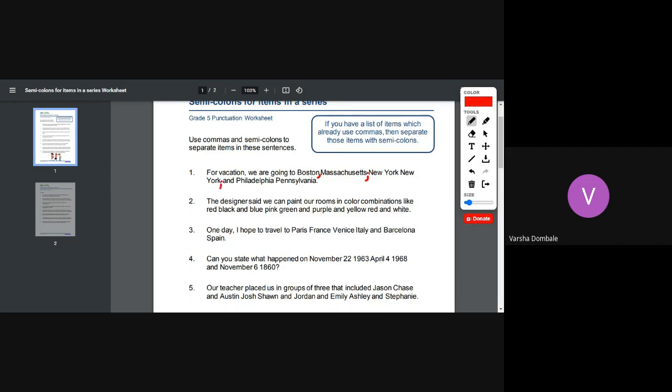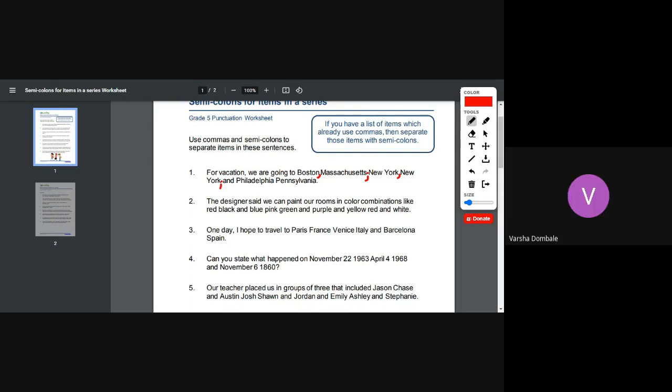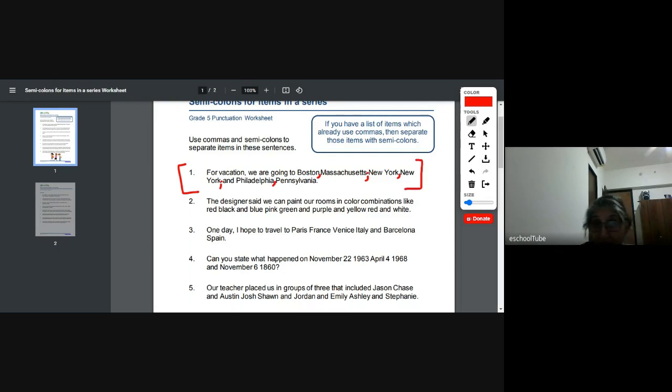The first New York, we will put a comma. And after that, Philadelphia, we will put a comma. Absolutely right. So everybody write it down in your notebooks. For vacation, we are going to Boston, comma Massachusetts, semicolon, New York, comma New York, semicolon, Philadelphia, comma Pennsylvania.